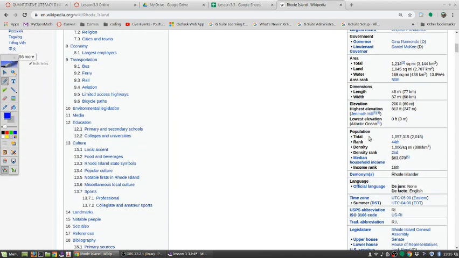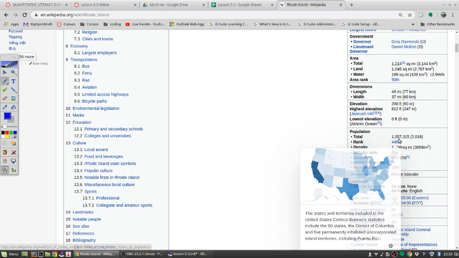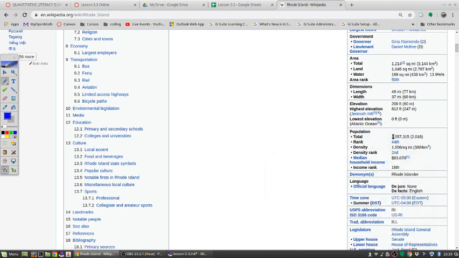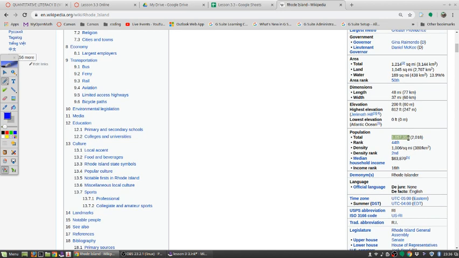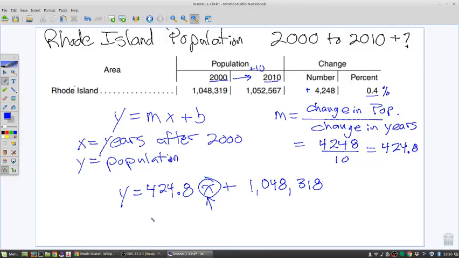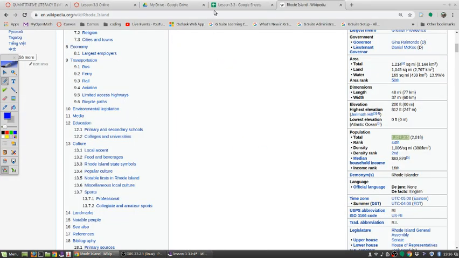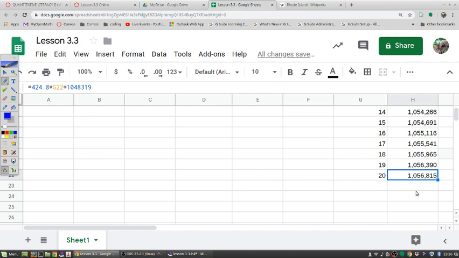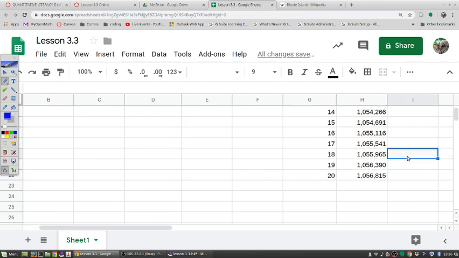Wikipedia claims that the population total in 2018 was estimated to be 1,057,315. So let's grab that and stick it in the spreadsheet for comparison. Control C to copy. Oops, wrong page. There we go. And 2018, Control V to paste.